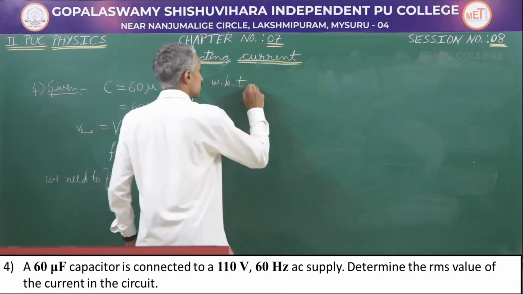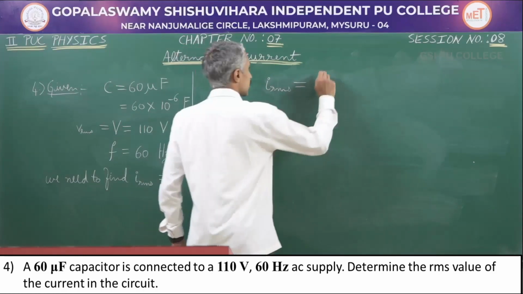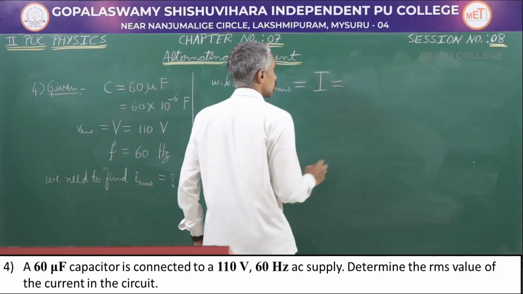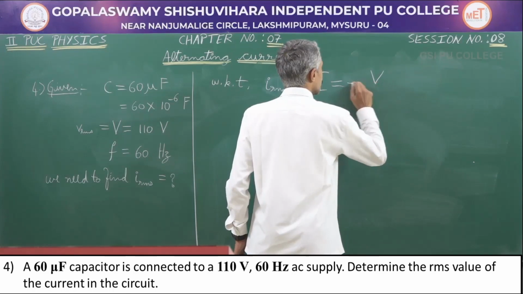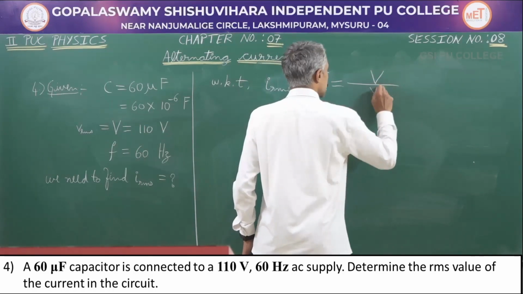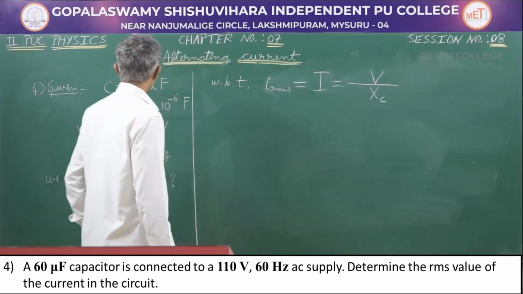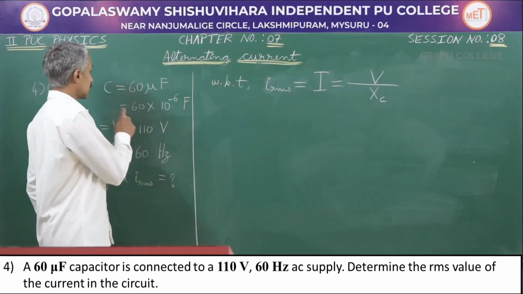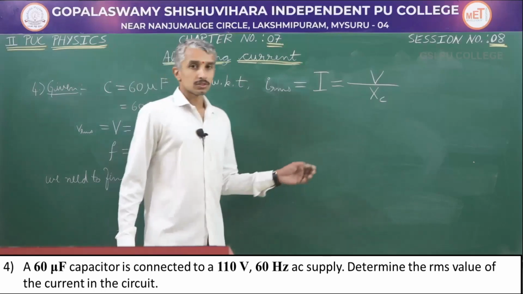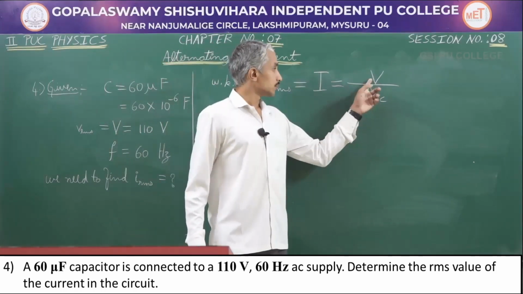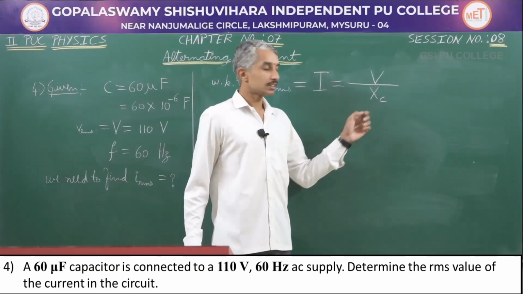So we know that the RMS value of the current, which I can also represent by capital I, is going to be equal to the RMS value of the voltage divided by the capacitive reactance. The AC circuit contains a capacitor, so I is going to be V divided by the capacitive reactance.